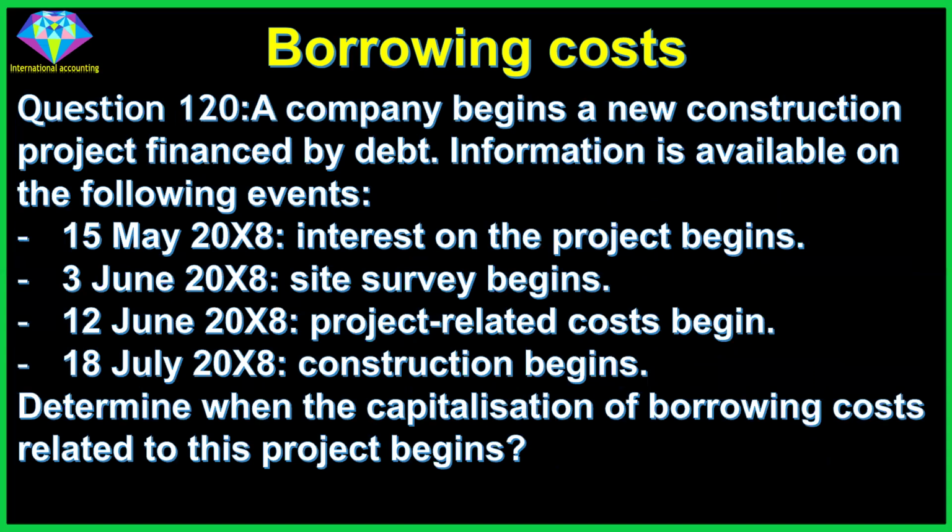Question 120. A company begins a new construction project financed by debt. Information is available on the following events. The 15th of May 20x8: interest on the project begins. The 3rd of June 20x8: site survey begins. The 12th of June 20x8: project-related costs begin.